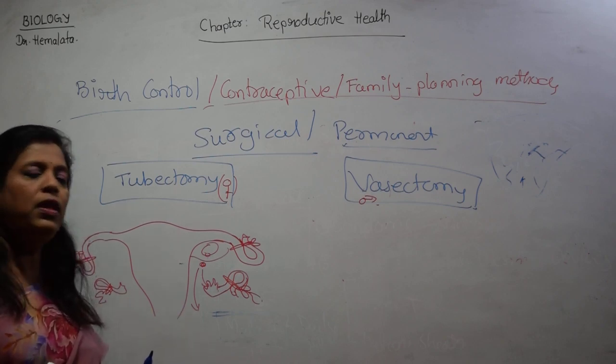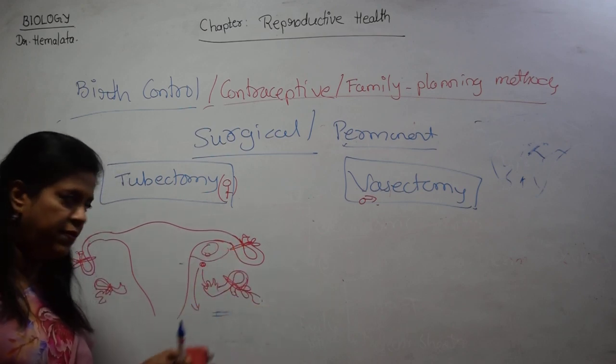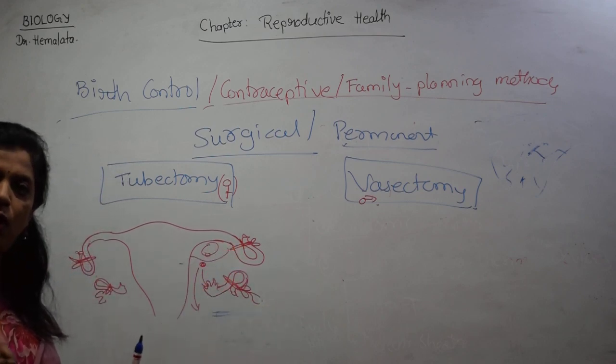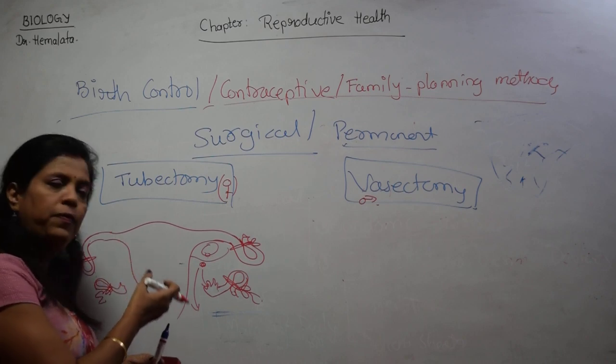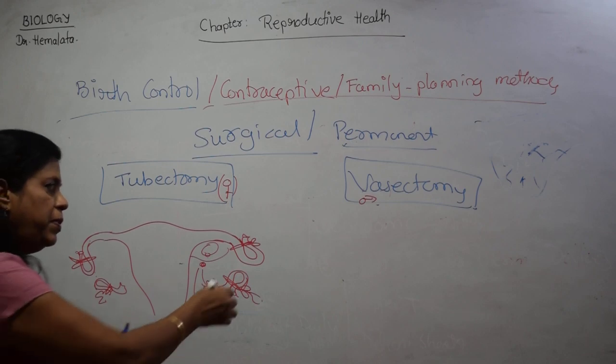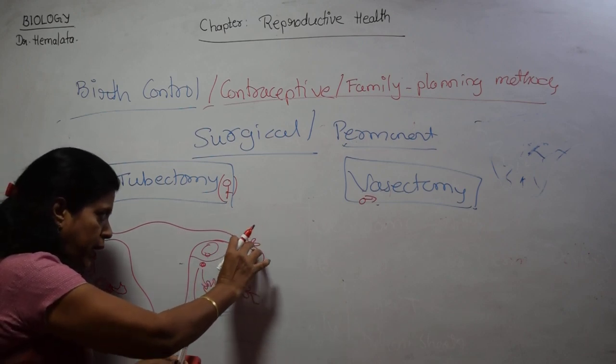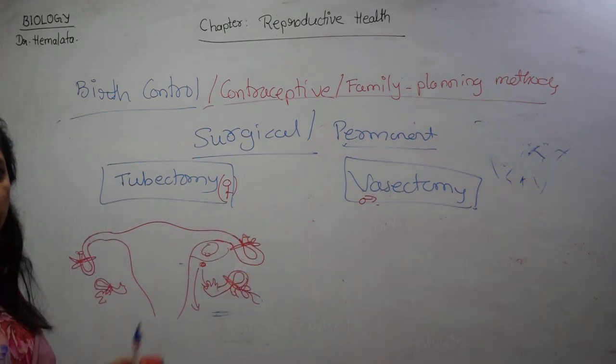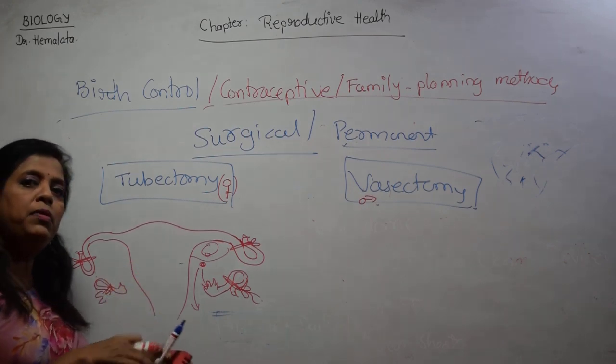Earlier they used to cut and remove the fallopian tubes. Nowadays they are tying them. Suppose they have one child and undergo tubectomy, and then they want another child, this can be reverted. They can open it and join it again. This is a new method in which tubectomy can be reversed.